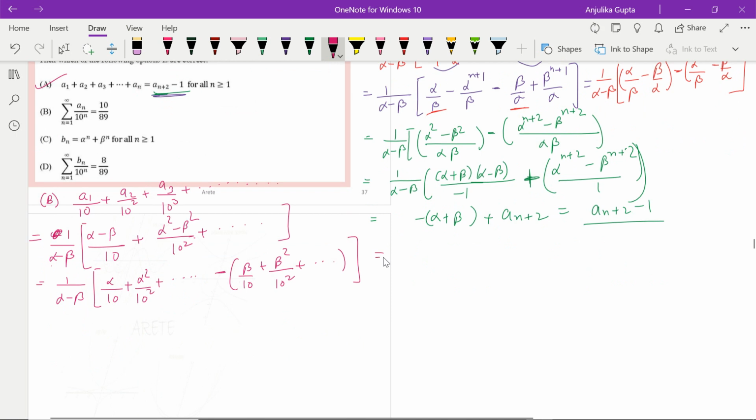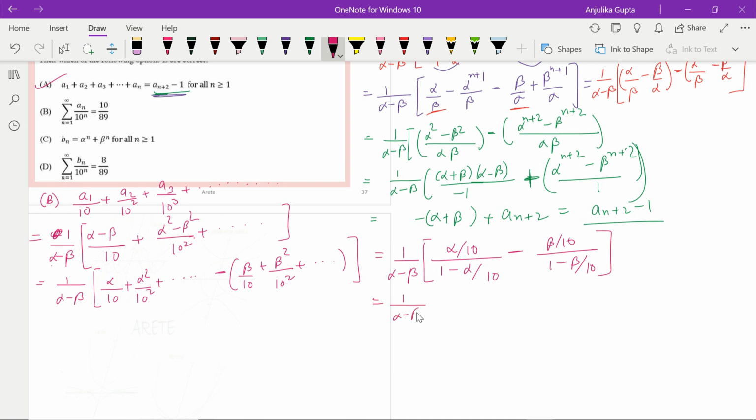Let's write it here. I get 1 over alpha minus beta. And what's the sum of an infinite GP, if the common ratio is less than 1? Alpha upon 10 upon 1 minus alpha upon 10. The other one, beta upon 10 upon 1 minus beta upon 10. Just need a little bit of simplification and you're there.